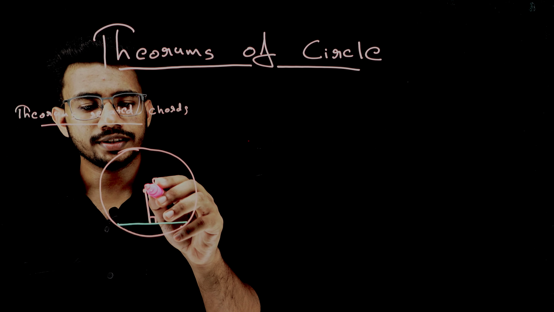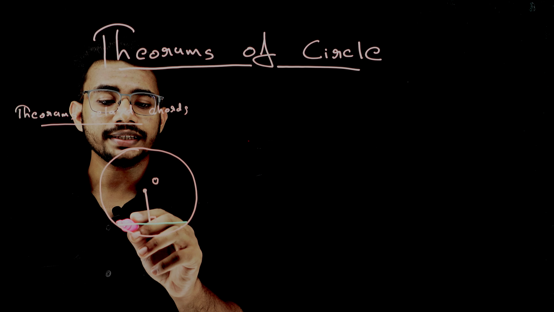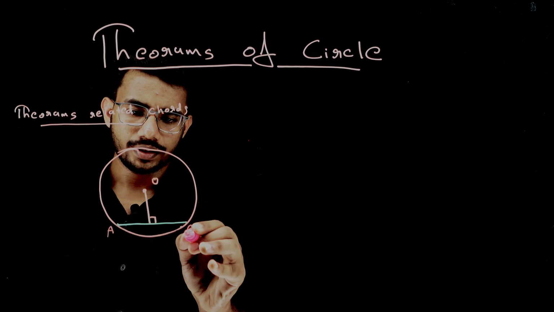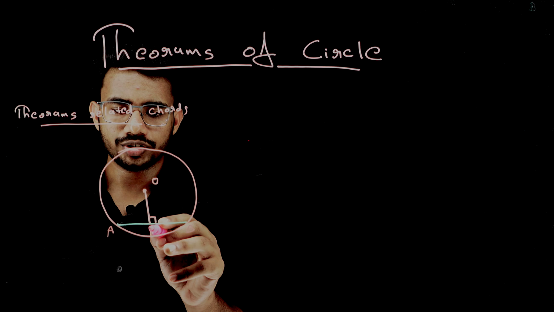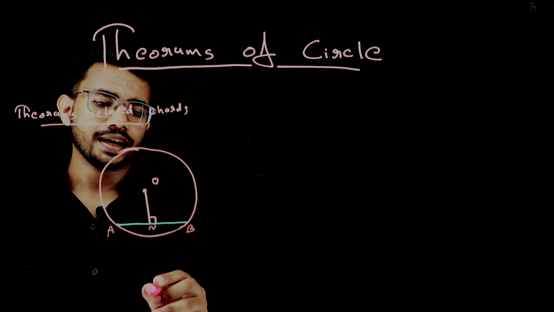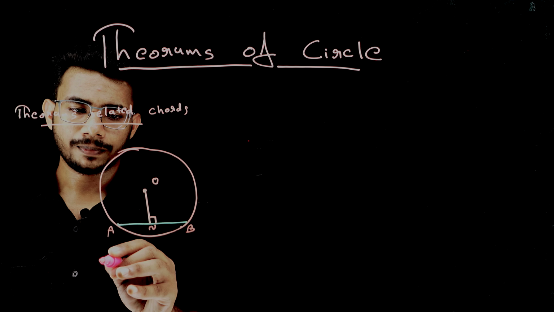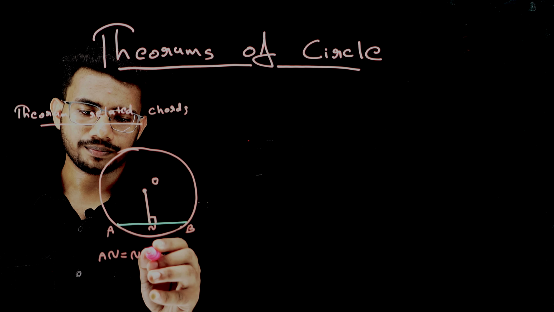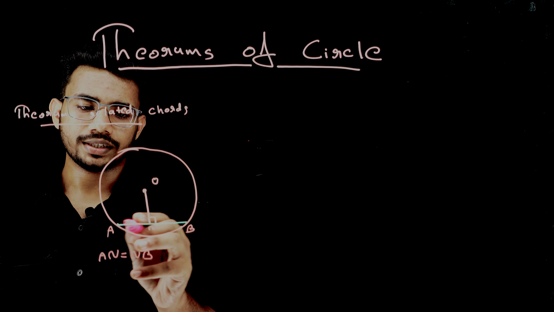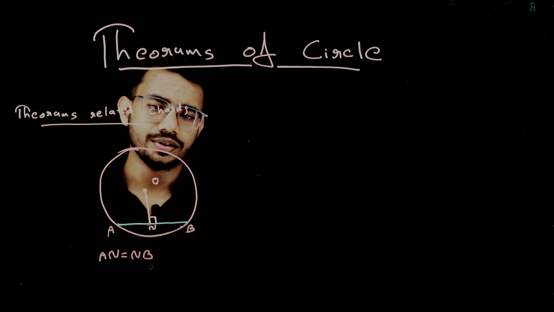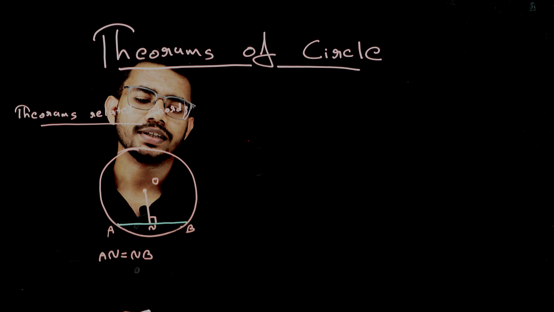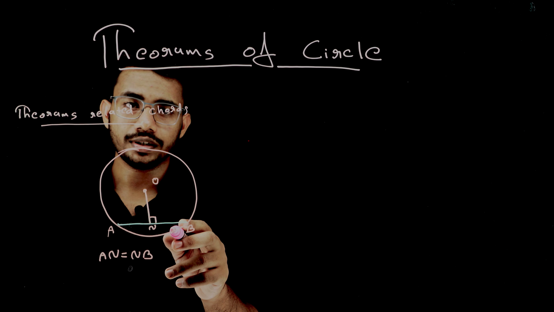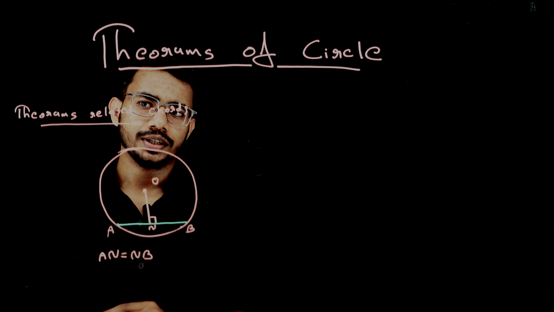In that case, this particular line is bisecting the chord AB. Let's say the point where it is touching the chord is N, then I can say that AN is equal to NB. This point is bisecting AB at its center. And as a definition, we can say that the perpendicular bisector of a chord of a circle passes through the center. That is the first one.